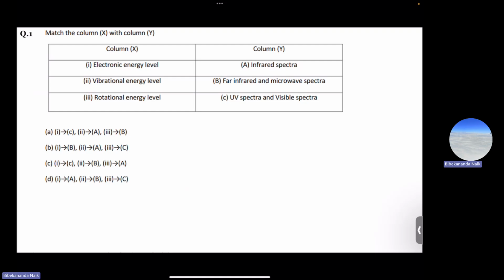In column X there are energy levels of a molecule: electronic, vibrational, and rotational energy levels. And in column Y there are different regions of the electromagnetic spectrum.